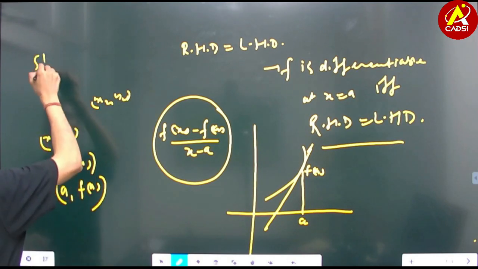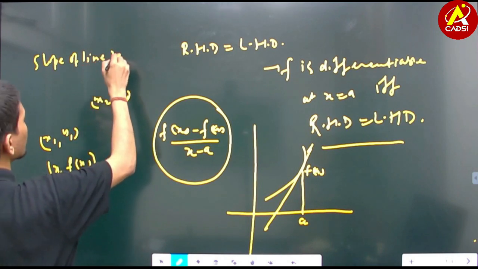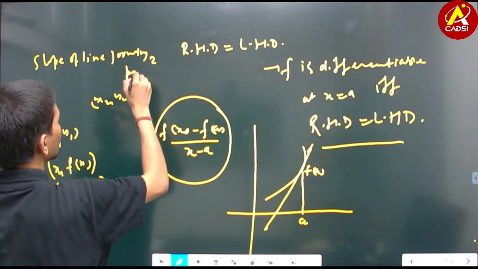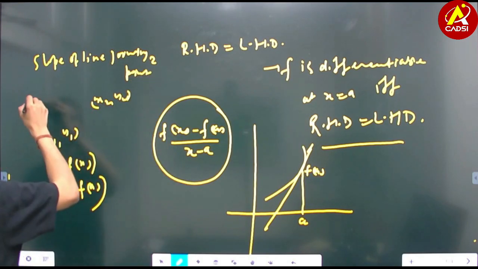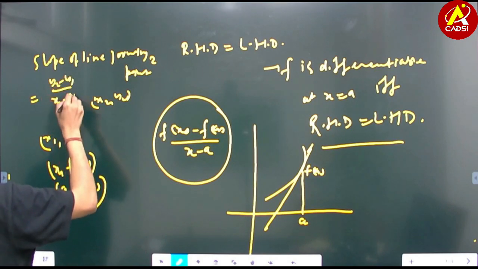So the slope of the line joining these two points, (x1, y1) and (x2, y2), equals (y2 minus y1) upon (x2 minus x1).